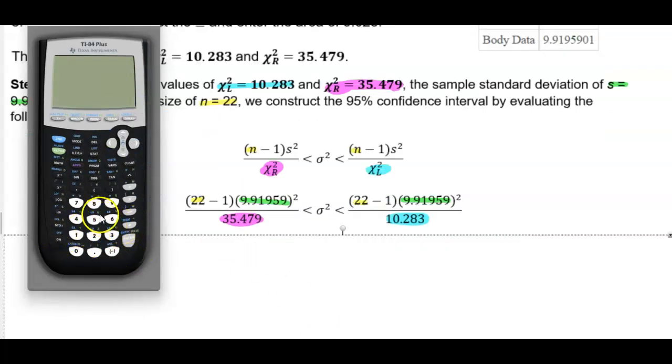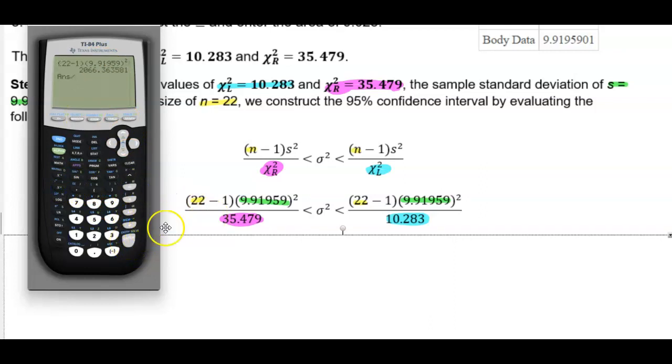Okay, so putting in our calculator, we have parentheses 22 minus 1, close the parentheses, and then multiply it. So open other parentheses and put in standard deviation of 9.91959, close the parentheses, and then square that value, and then select enter.